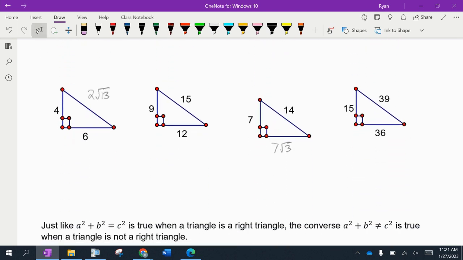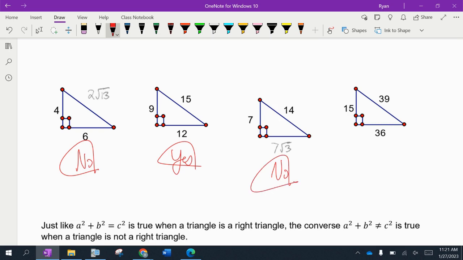In the next row, if you use Pythagorean theorem, this length would come out to 2 root 13. So no, this is not a Pythagorean triple because we don't want a radical. This one with Pythagorean theorem would have a length come out to 7 root 3. So no, that's not a Pythagorean triple. And this one, again, all 3 sides are integers. Yes, that means it is a Pythagorean triple.